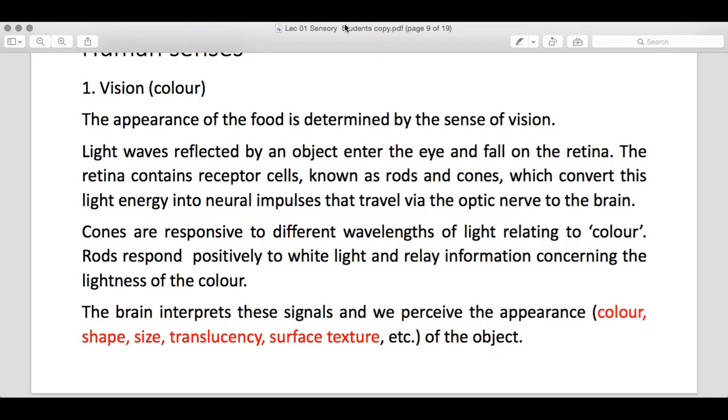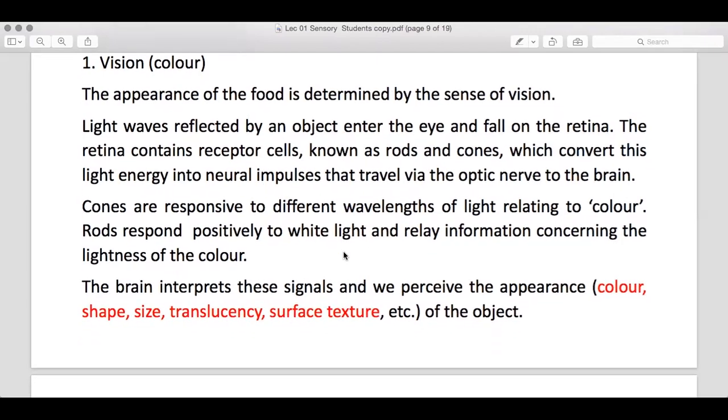And then what happens? Cones are responsible for color vision, and rods are responsible for black and white vision. Then the brain can identify the image created on our retina. That is the summary.